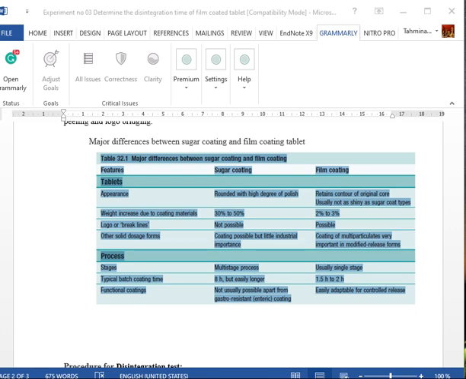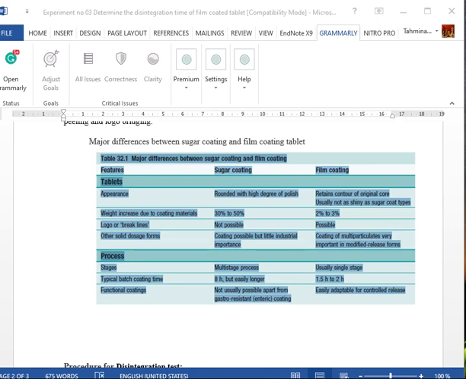Regarding the process difference between sugar coated and film coated, the stages for sugar coating are a multi-stage process, whereas film coating is usually a single stage, most economical.